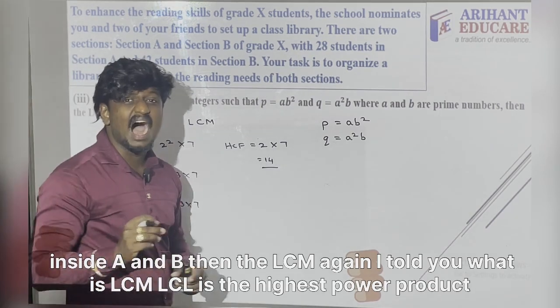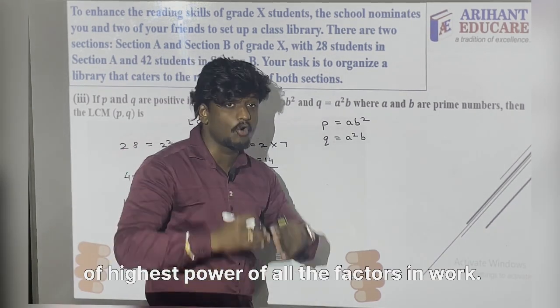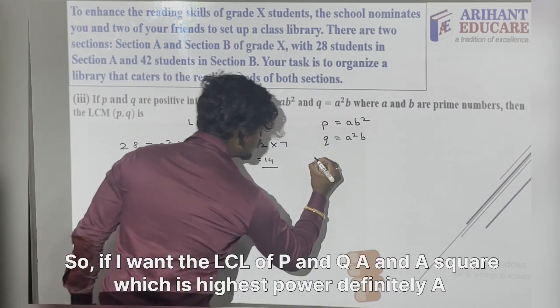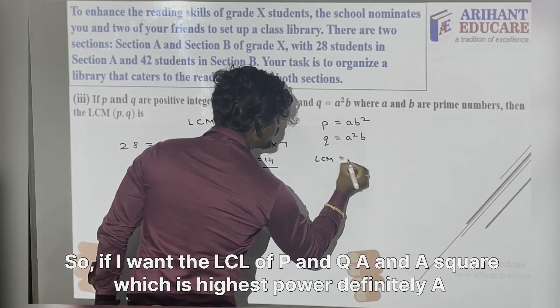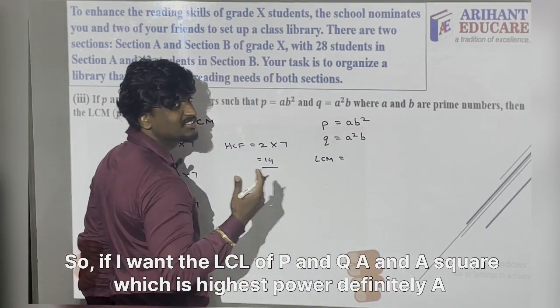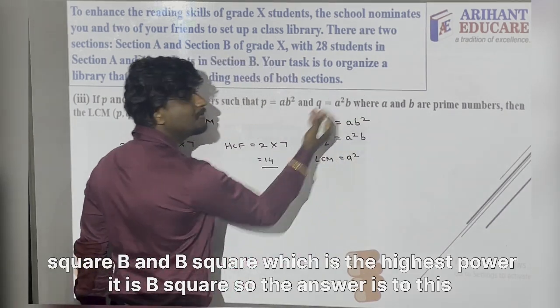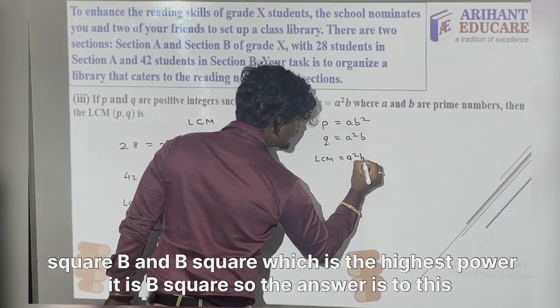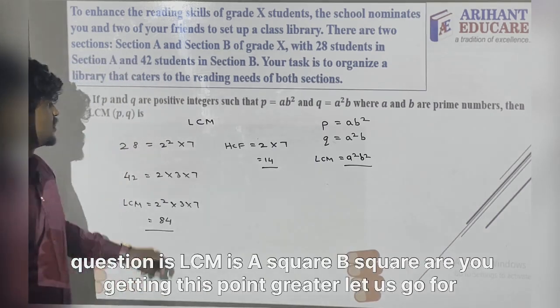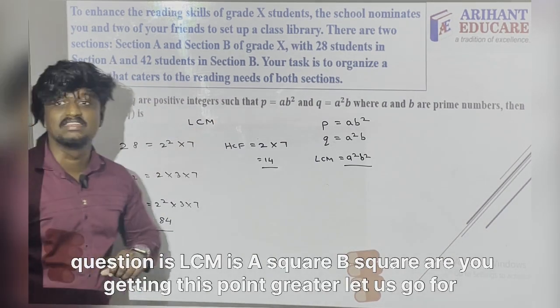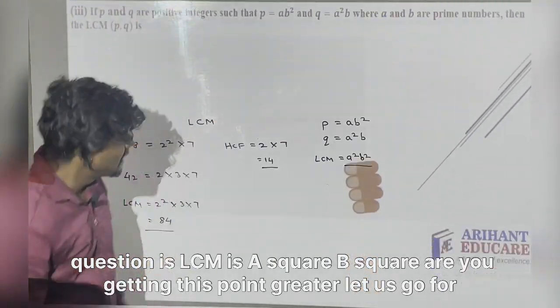LCM is the product of the highest power of all the factors involved. So if I want the LCM of P and Q, A and A square, which is the highest power, definitely A square. B and B square, which is the highest power, it is B square. So the answer to this question is that the LCM is A square B square. Are you getting this point? Great. Let's go for the next question.